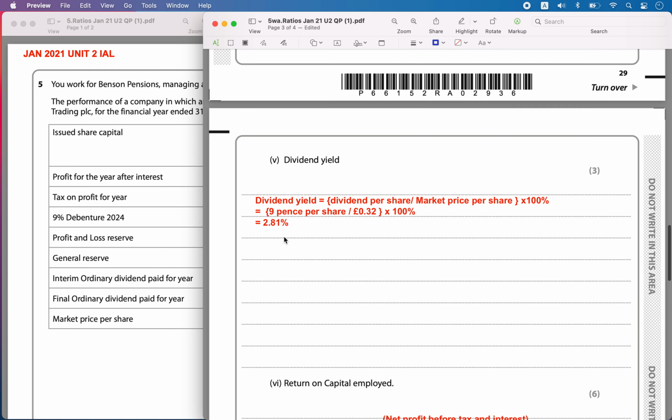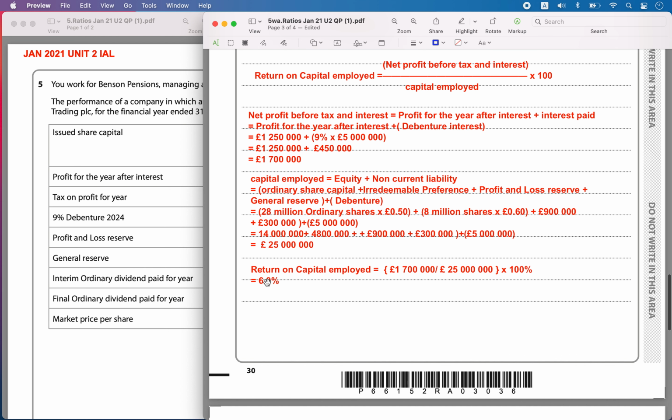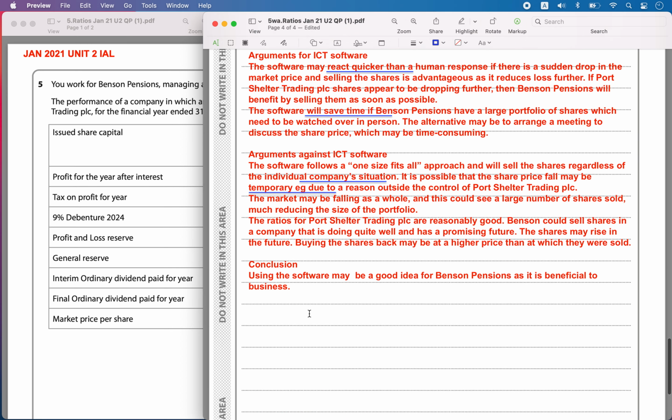Price to earnings ratio was 11 times, dividend yield was 2.8%, which is okay, and return on capital employed was 6.8%.